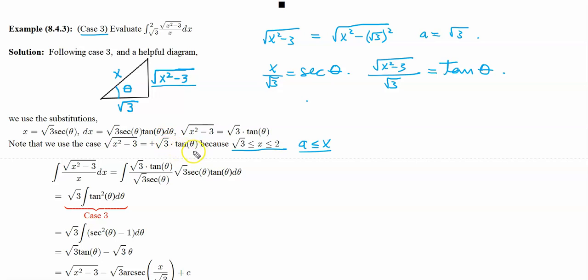In other words, theta is going to be in the first quadrant. If you think back to case 3, we had a choice here whether this should be positive or negative square root of 3, depending on whether x is bigger than a or less than negative a. Well, in this case, x is bigger than a, so we want to choose the positive square root of 3 tangent theta.